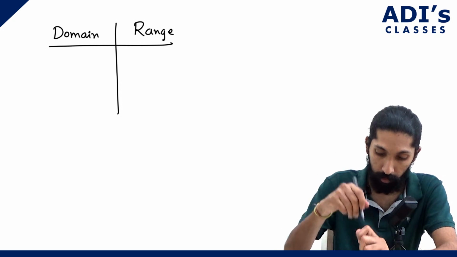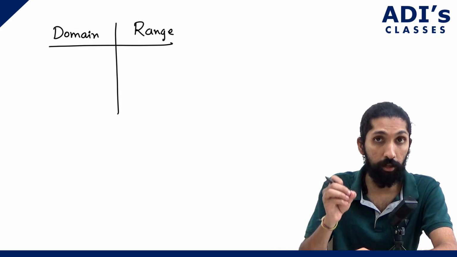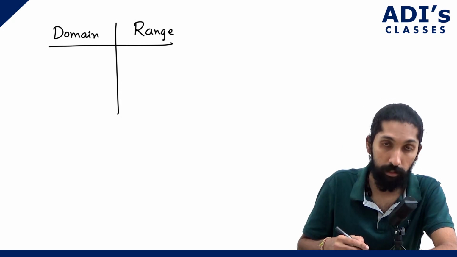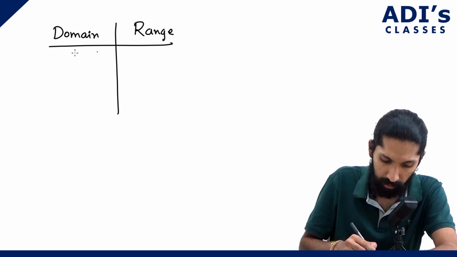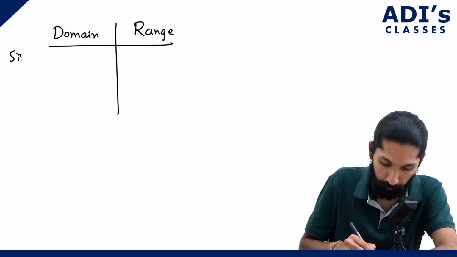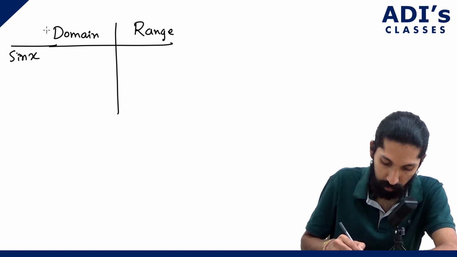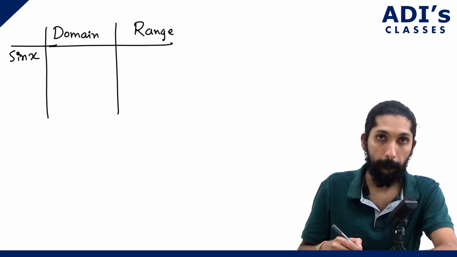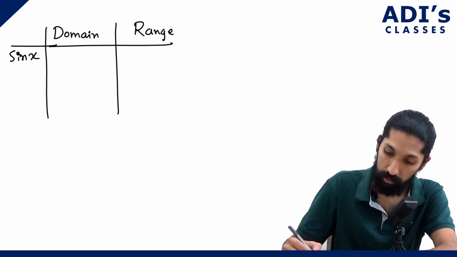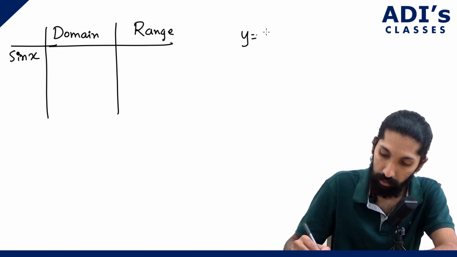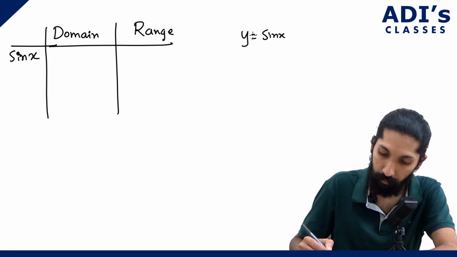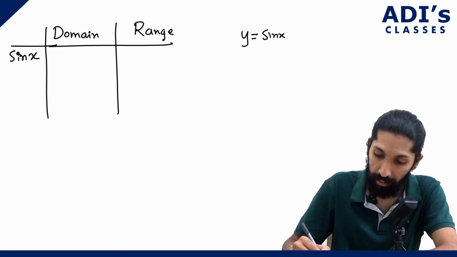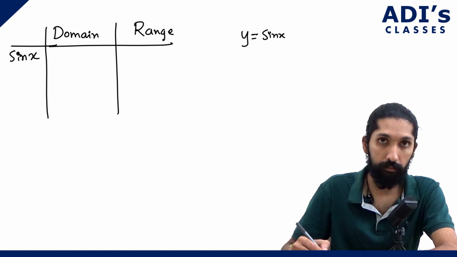Now, if you take the most basic trigonometric function, say we are looking at sine of x. Assume this is the function. If you have y is equal to sine x, x can be any real number, correct?